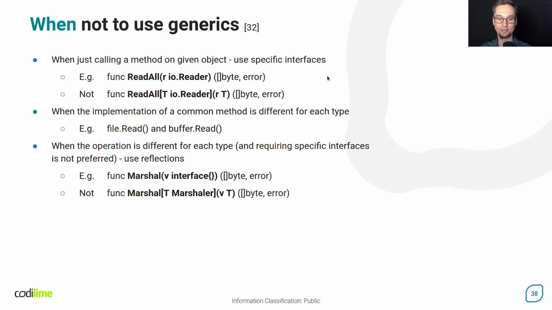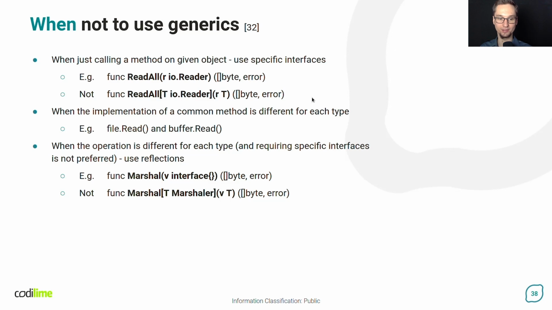For example, when implementing a read-all function, we could just pass a parameter with the io.Reader type. And in such cases, there is no need to make a generic function.